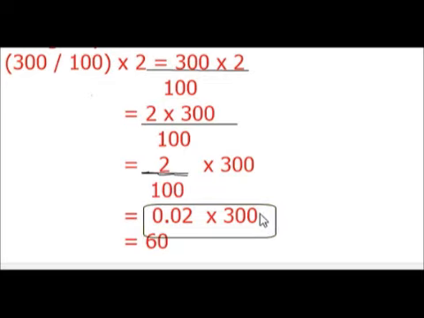It's the same thing, just written in a different way. So every time you have, let's say, 5% or 6% of a value, write it like this: 6 over 100 times the value. And you can also write it in a decimal value. It's going to be much easier, and also quicker if you try this method.